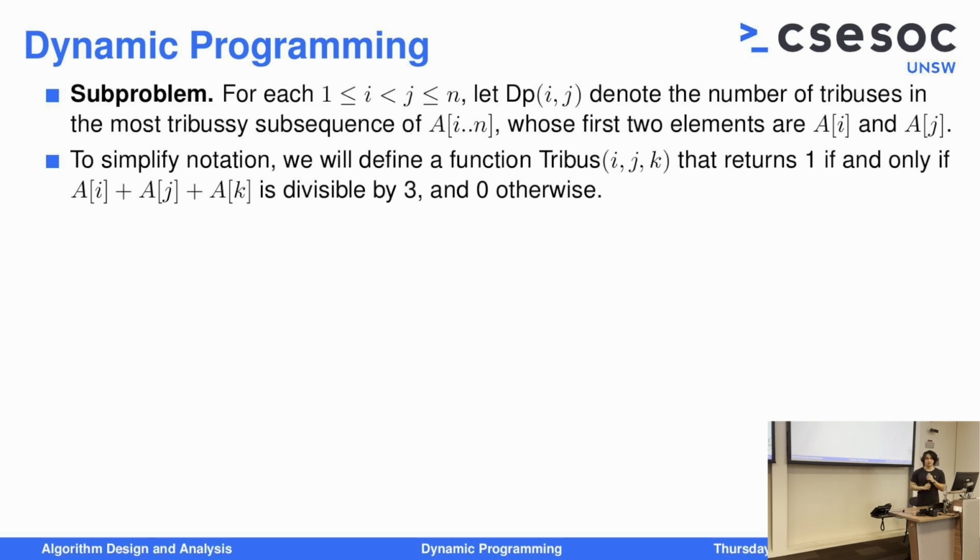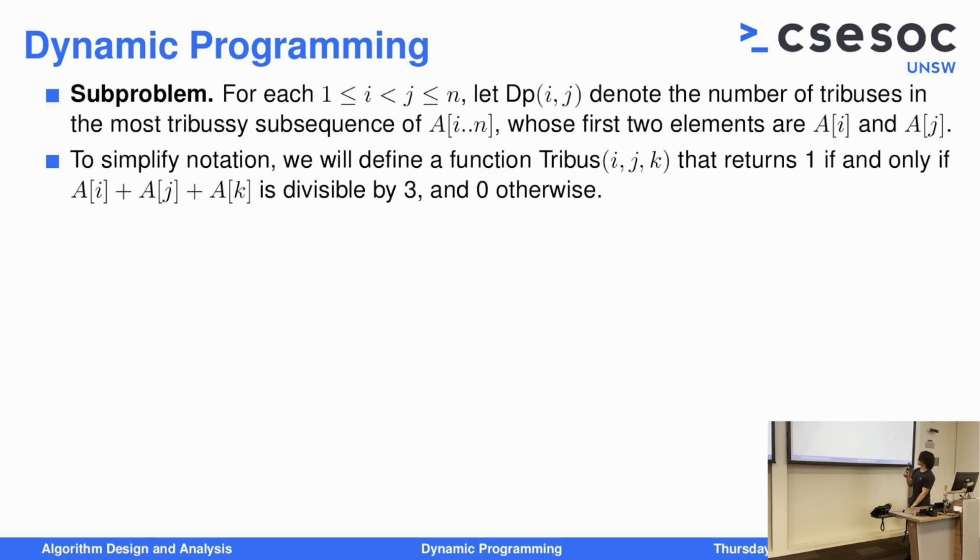But for a lot of reasons, which we can't go into for every single case, you will find that it doesn't quite work. You can take a look at this question in your own time and really grapple with it; the slides will be up at some point. But you will come to realize that you need the first two elements to be a_i and a_j as part of your subproblem definition.